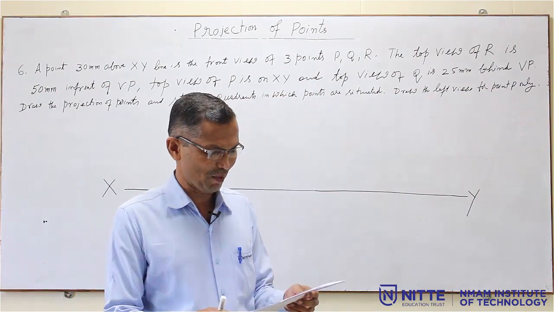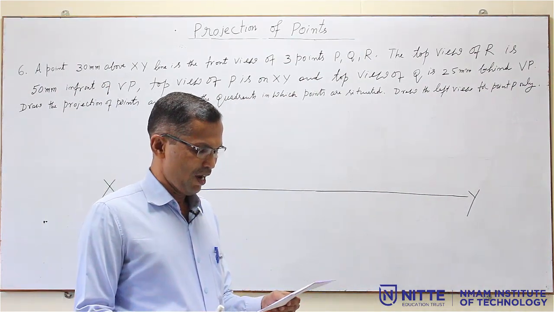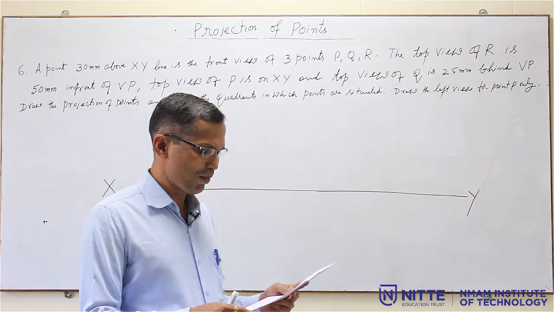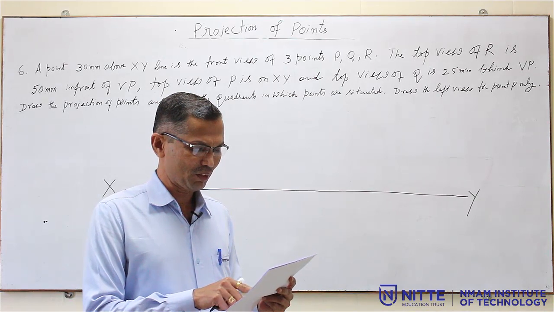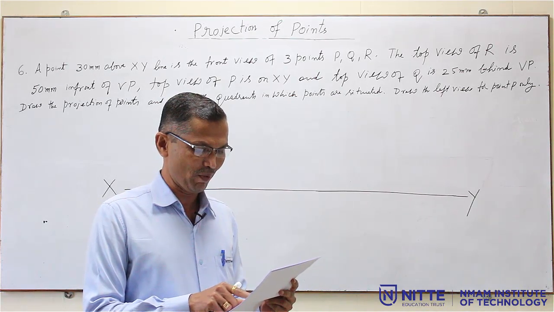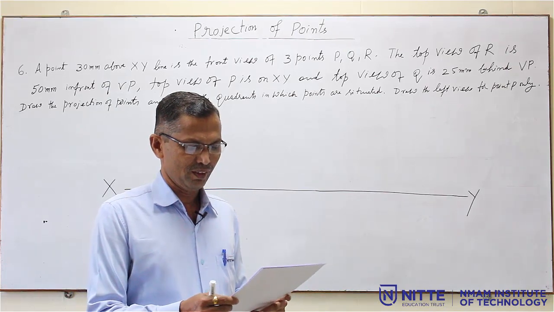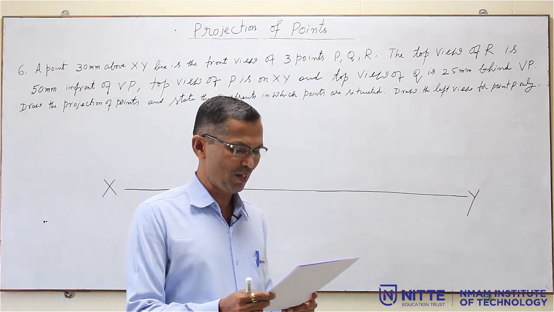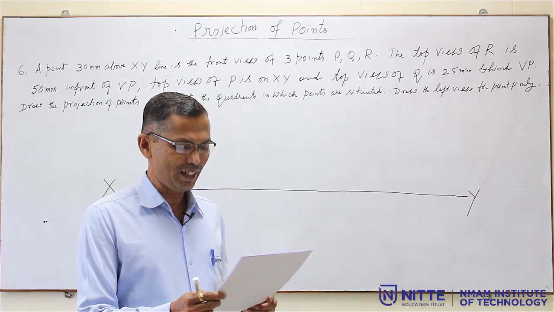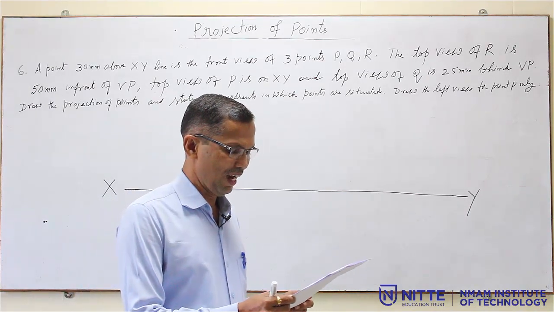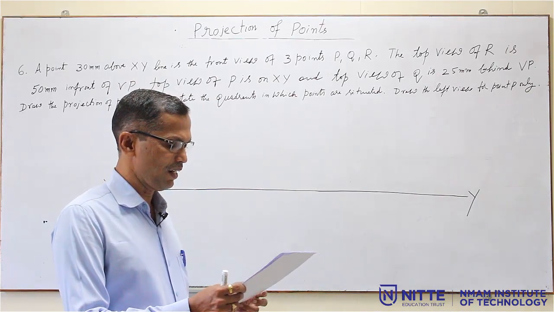We move to the next problem. In the question bank, sixth problem: a point 30 mm above xy line is the front view of 3 points P, Q, R. The top view of R is 50 mm in front of VP, top view of P is on xy line, and the top view of Q is 25 mm behind VP.